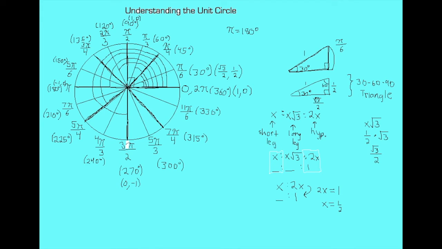And the coordinates for pi over 6 are going to be the same for all radians that have a denominator of 6, except the signs are changed.